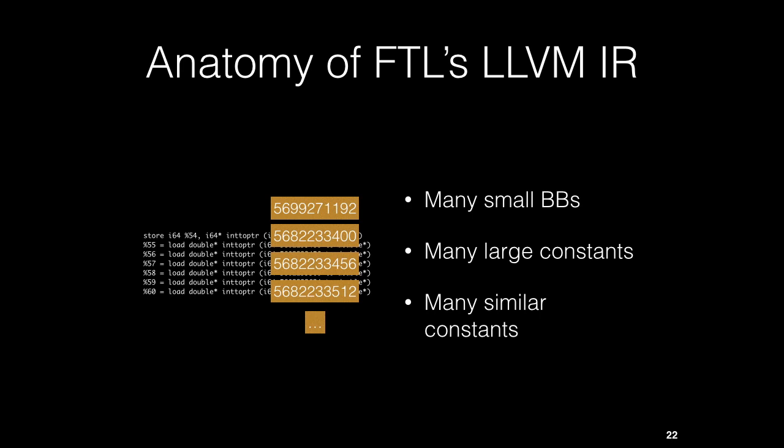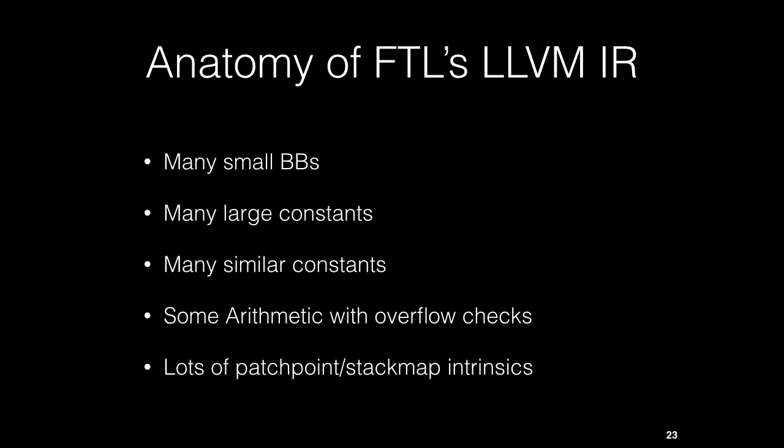So we don't use relocations, we use the absolute addresses of them. And the interesting thing is, they're very similar, they have just small minor offsets of each other. And besides that, we have some arithmetic with overflow checks, because we have to check for overflows in JavaScript. And obviously lots of patch points in stack maps. So that's how code normally looks.